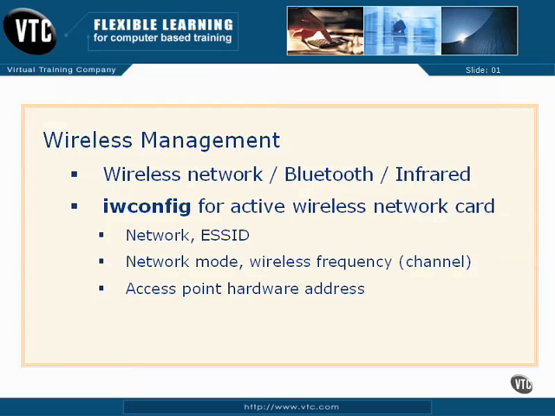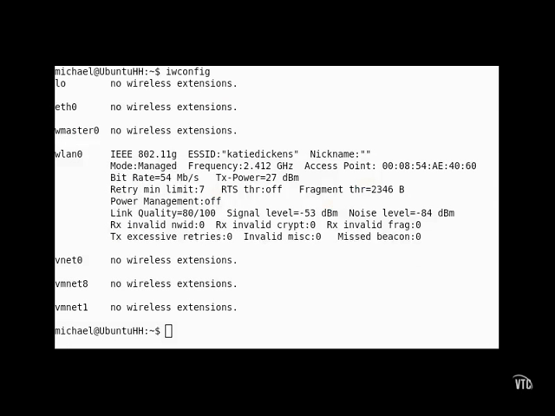Let's break it down. The first line specifies the network, in my case 802.11g, and the Extended Service Set Identifier, or ESSID. For my home network, it's Katie Dickens. The next line specifies the mode, which could be managed, from a central wireless access point, or ad hoc, connected directly to another wireless card.